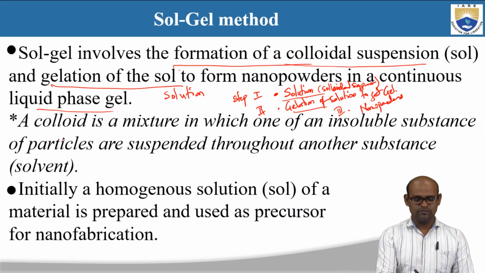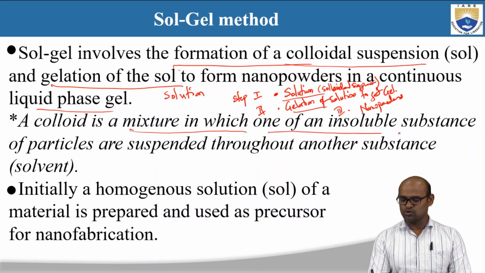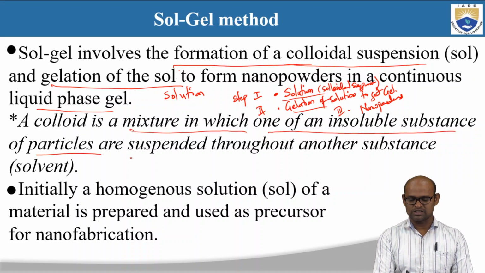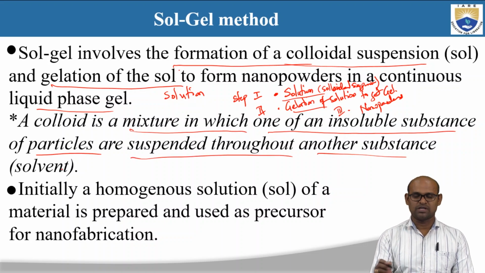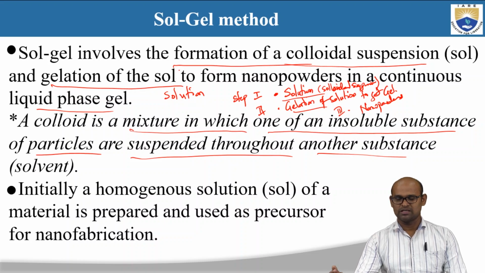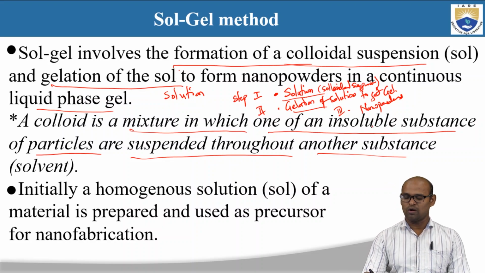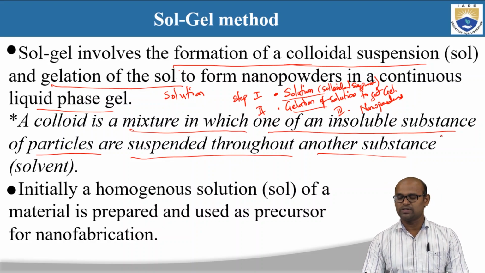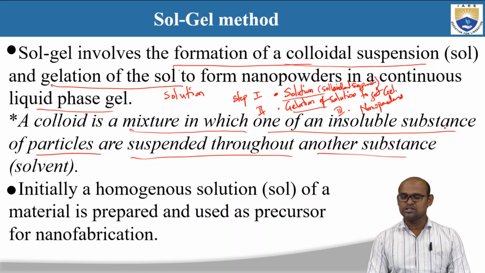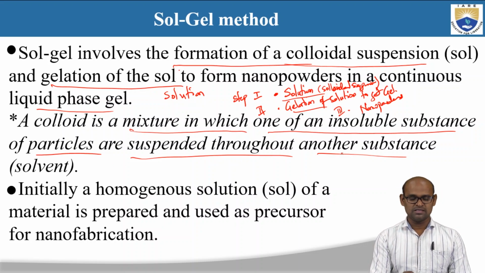I have defined here what a colloid is. A colloid is a mixture in which insoluble particles are suspended throughout another substance. One type of substance is insoluble, so it is not going to mix with the other solution, and these insoluble particles are suspended throughout another substance.